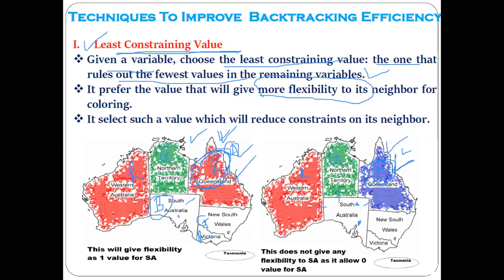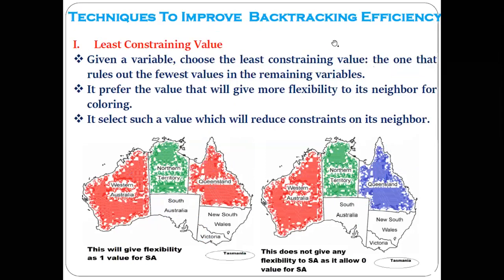Now, choosing this value is ruling out the fewest values in the remaining variable. What do you mean by this statement? Rule out the fewest values in the remaining variable. Tell me, what is the meaning of this statement? Meaning, sir, apart from this color, we can add an extra color here.